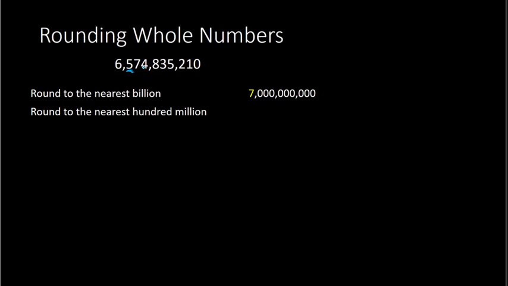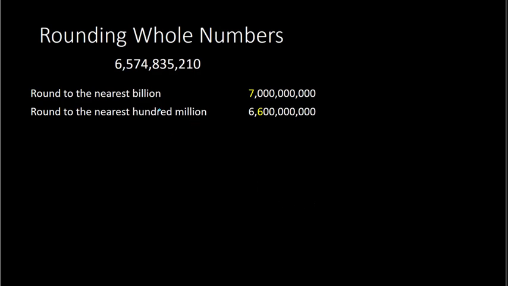So to answer that question, I'm going to look at the one before it. So look at the 7, which is the number before. So looking at the 7, we would round the 5 up to a 6 if this number is 5 or bigger. So notice it is bigger than 5, so therefore I'm going to round the 5 here up to a 6. So I can round this number to 6,600,000,000.